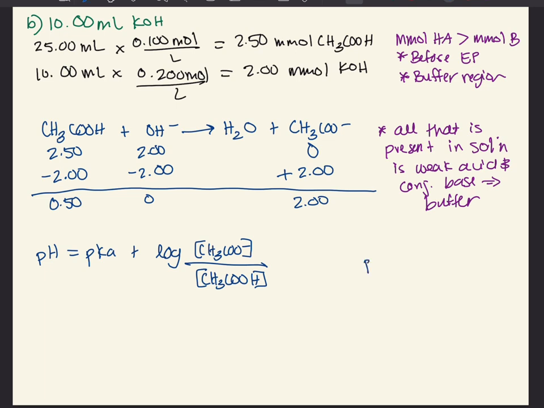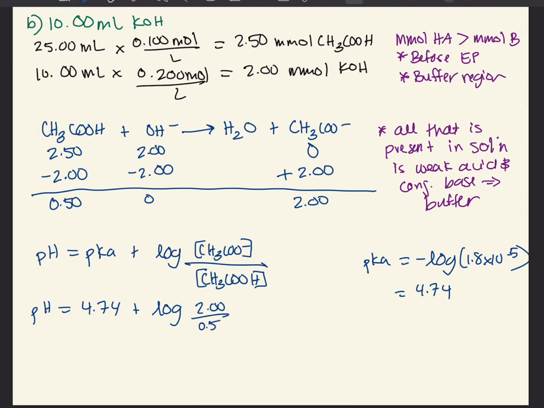Remember, pKa is equal to the negative log of your Ka. So I can plug that in here and I get 4.74. So my pH is going to be equal to 4.74 plus the log of 2 over 0.5.